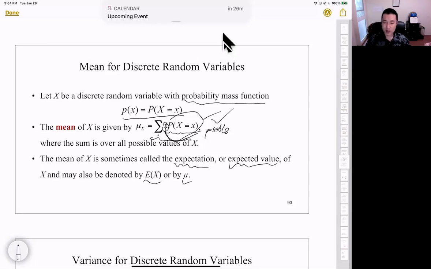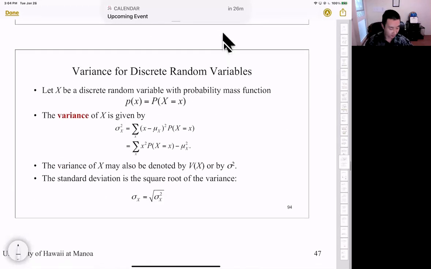The variance for discrete random variables can be calculated using either of these two equations. From an earlier lecture, we know we have equations for sigma from the population, or mean value.